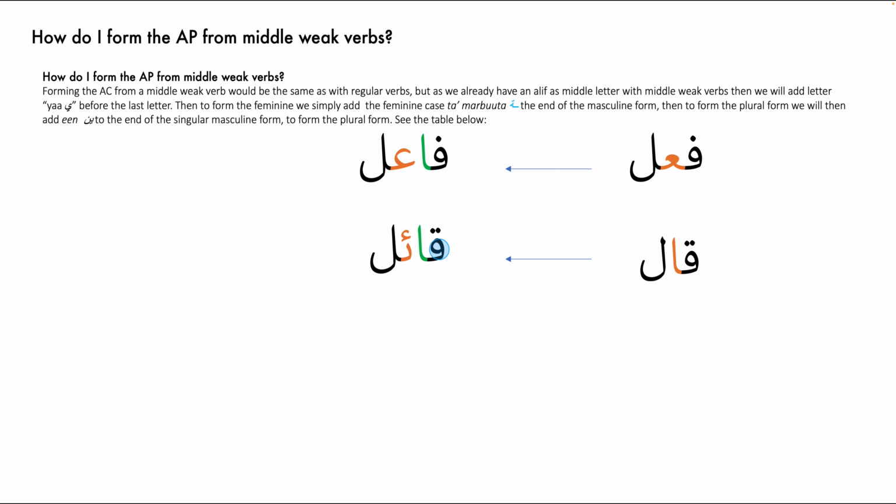And that pronunciation does sound a little bit silly. So if you find two sounds a little bit similar, I'm afraid you have to revert and give this letter the proper pronunciation. So you would say qa'il, qa'il, qa'il.